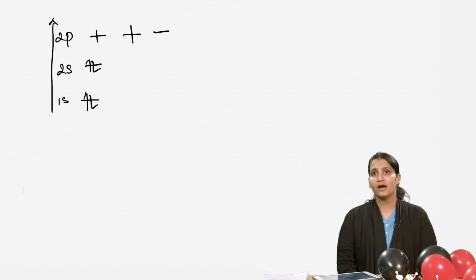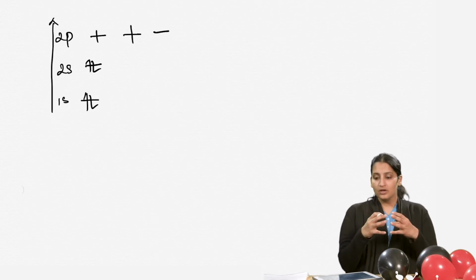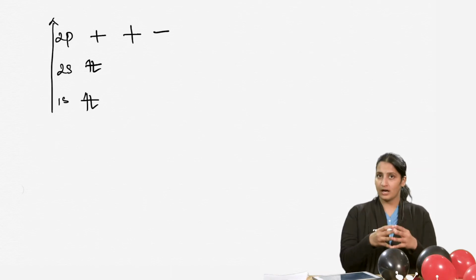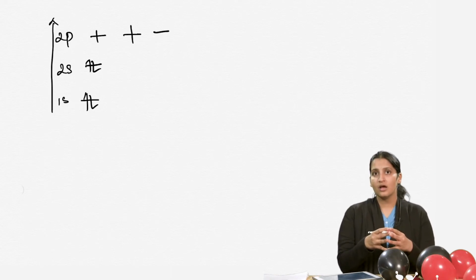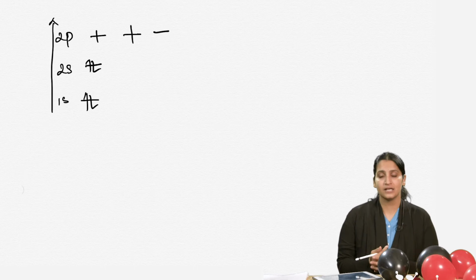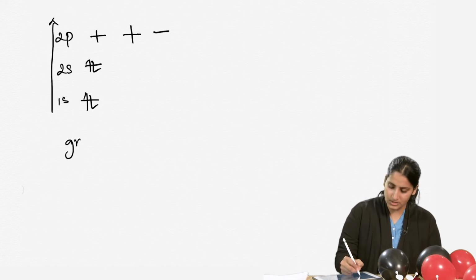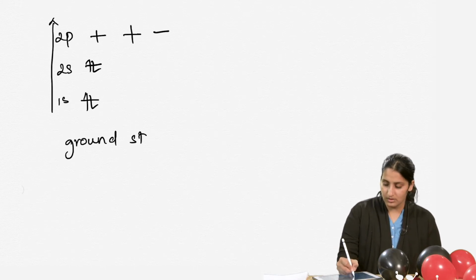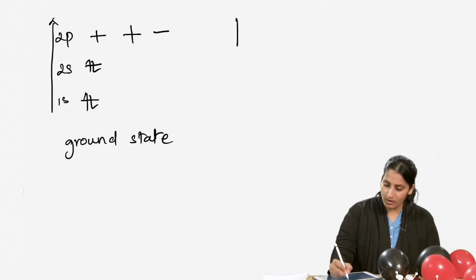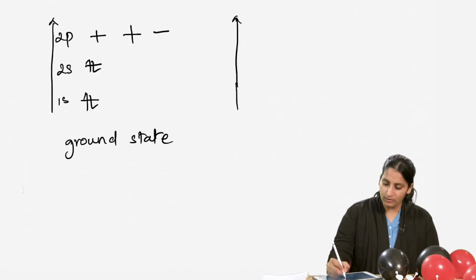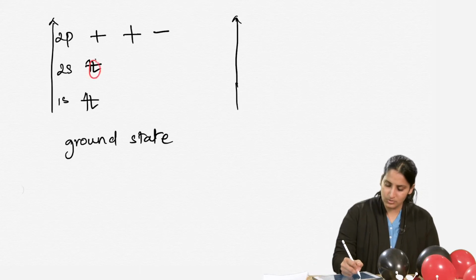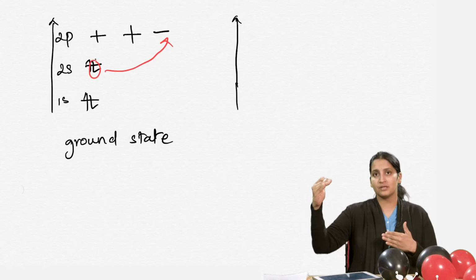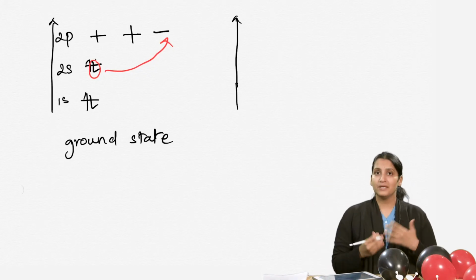Now, in the case of carbon, what happens is that you have the ground state electronic configuration. This particular ground state electronic configuration is revised to form an excited state electronic configuration. So, this is ground state, and we are going to draw an excited state electronic configuration wherein one of these electrons from this 2s orbital has been put into the 2pz orbital.